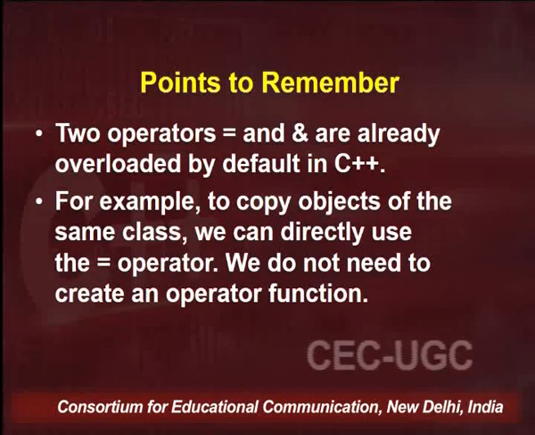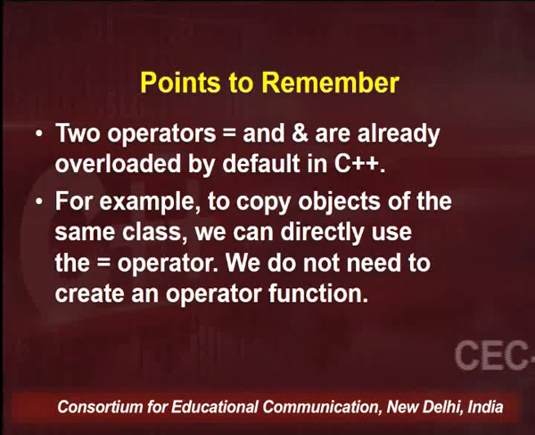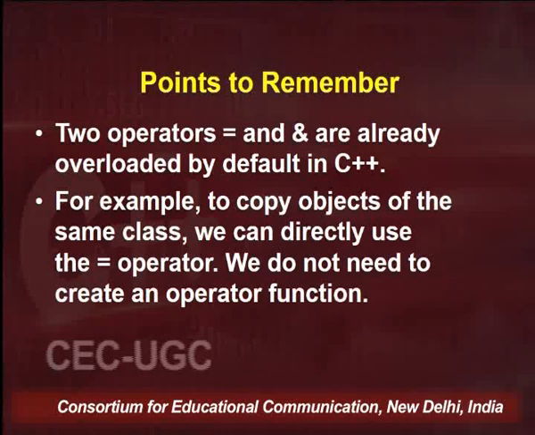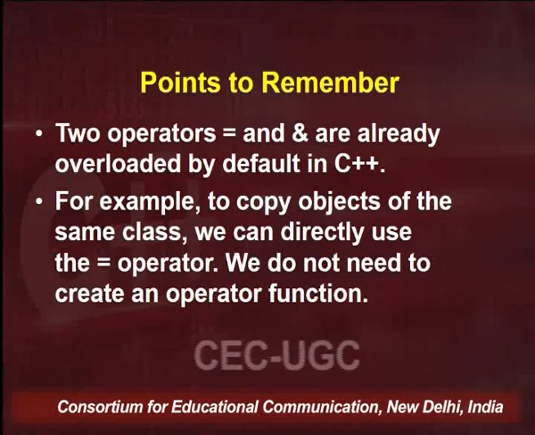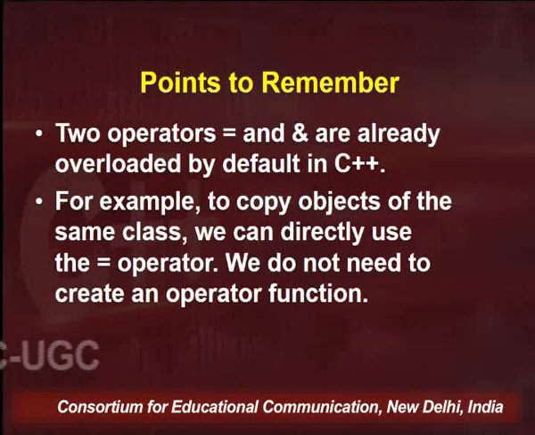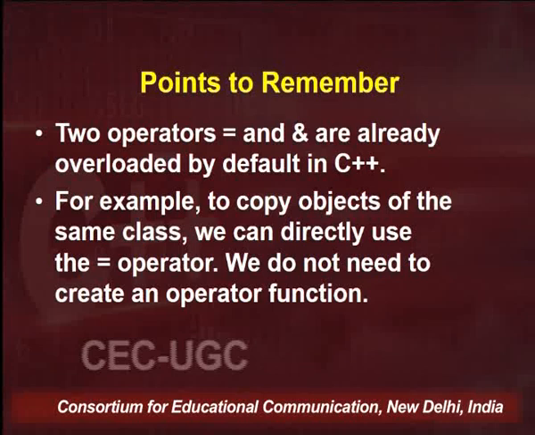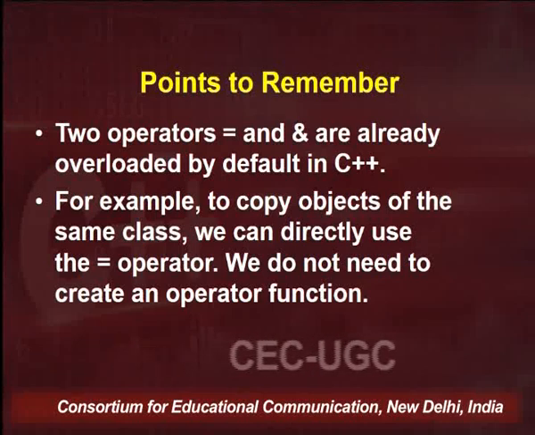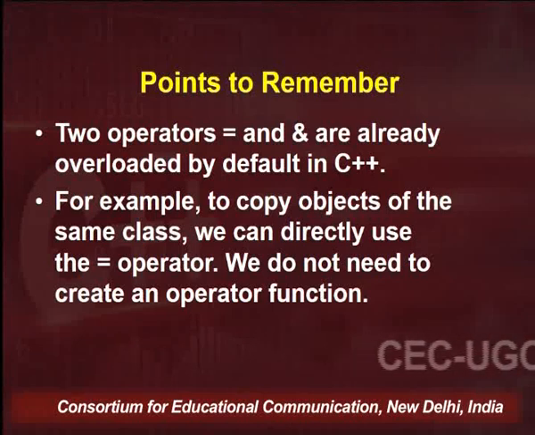These are already overloaded by default in C++. So, for example, whenever I am talking about copying the objects of the same class, we can directly use the equals operator. For example, I am having Count and C1 and C2. So Count is the class and C1 and C2 are the two variables. So I can directly say C1 equals C2.